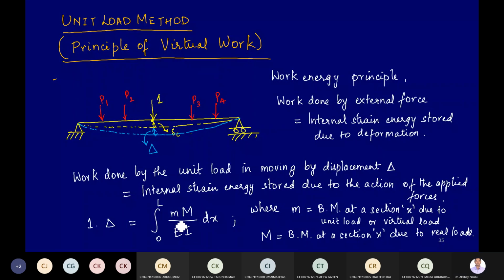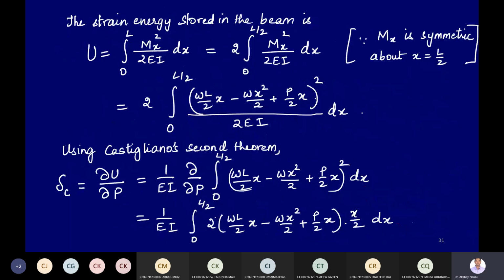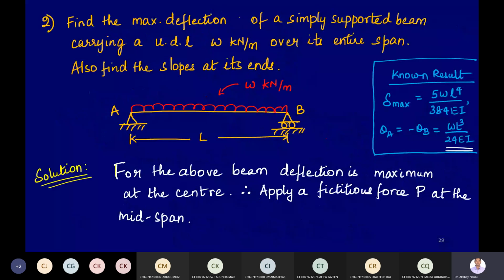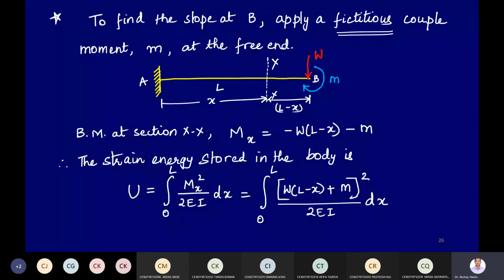Just by application of this, we will be able to solve the problem. How you derive this is a little involved process. We will not get involved in it. You can just refer to the textbook. We will take a simple example from Castigliano's theorem.